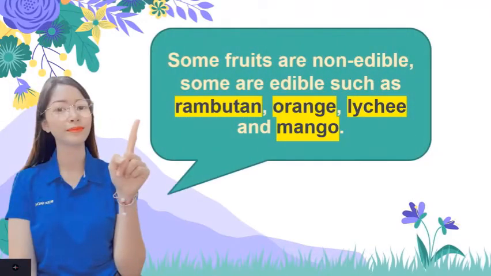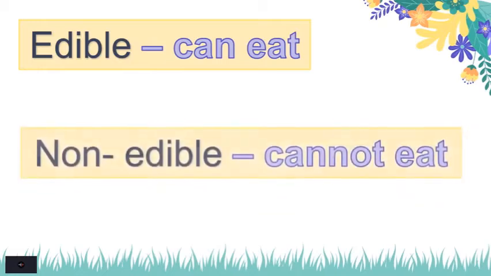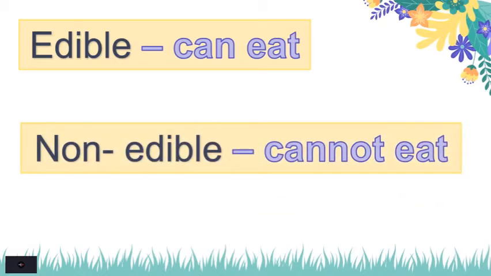Some fruits are non-edible, some are edible, such as rambutan, orange, lychee, and mango. When you say edible, meaning we can eat this. These are the fruits that we can eat. And when you say non-edible, these are the fruits that we cannot eat.